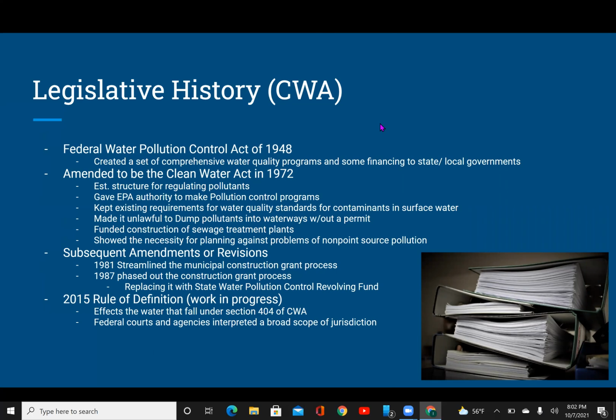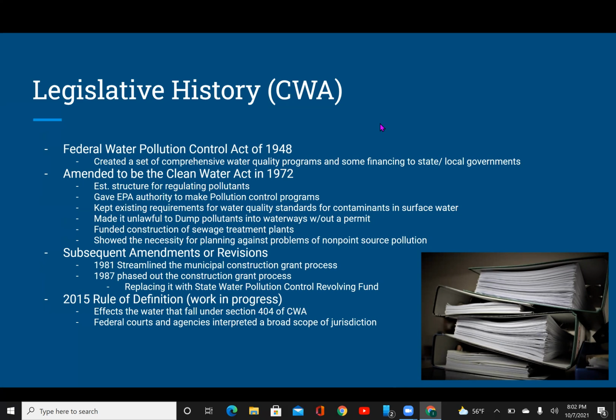Anyway, so the legislative history for the Clean Water Act started in 1948 as the Federal Water Pollution Control Act. And this was created to set the concept, to basically set the comprehensive water quality control programs and to start the financing for state and local governments.